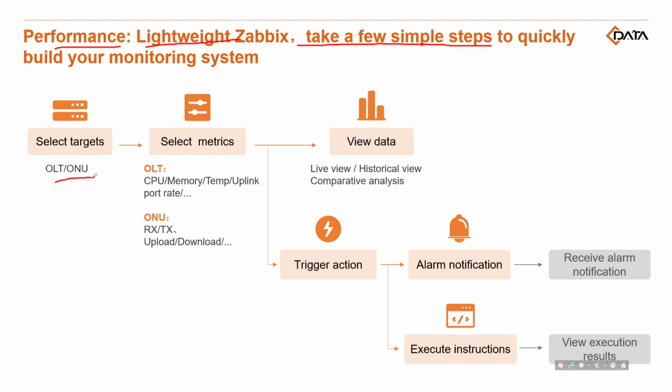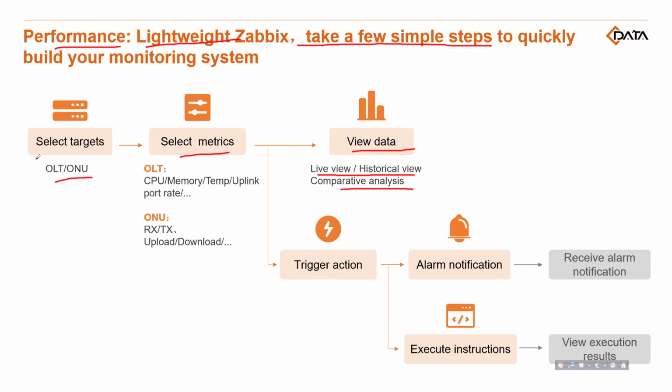You can build your own monitoring systems with only a few steps. Firstly, you can select ONU or OLT devices that need to be monitored, and then select some metrics. And finally, you can view the performance state from live view or historic view. You can even compare the data between devices.